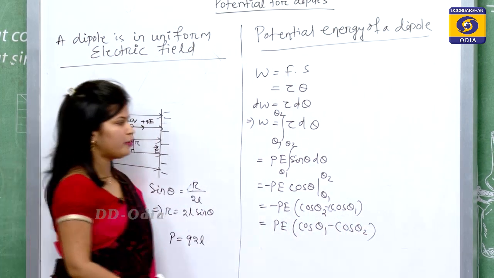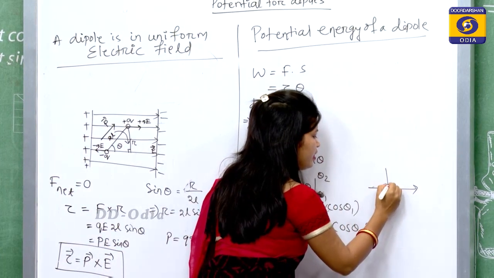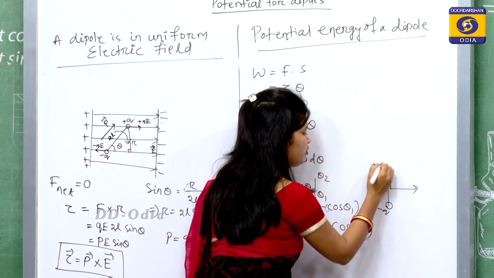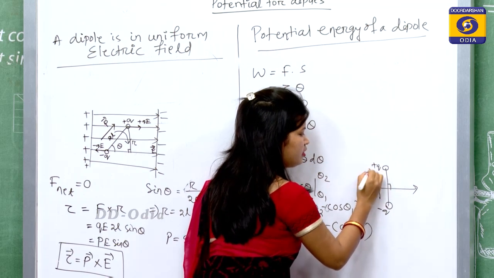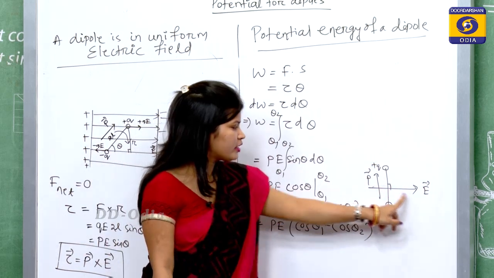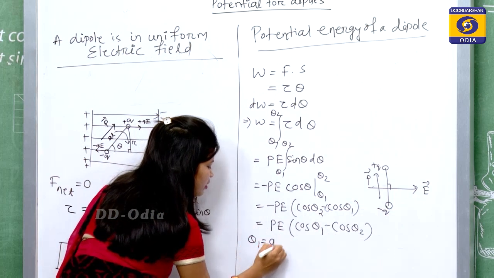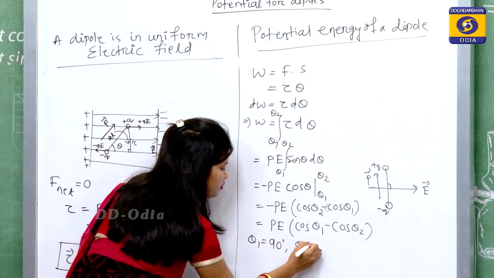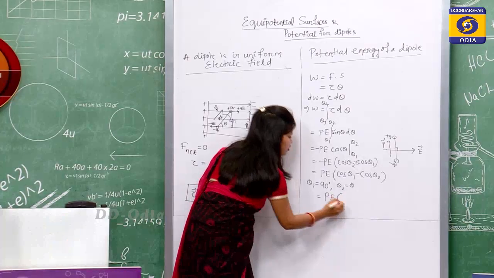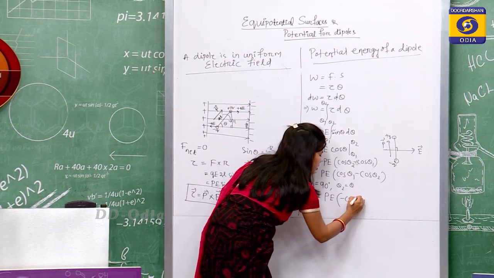Suppose the dipole is placed inside the electric field at right angle. So this is the dipole, minus q, plus q, and here is the dipole moment, this is the electric field. So the dipole is placed at right angle to the electric field, then theta 1 is equal to 90 degrees and theta 2 is theta. So I get pE whole into, there is cos 90 which is 0, and minus cos theta.